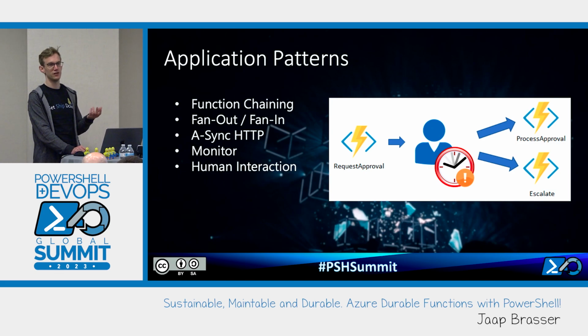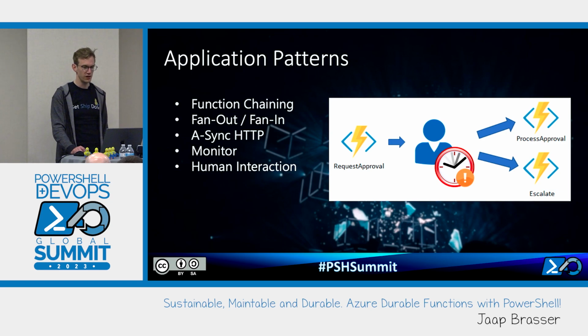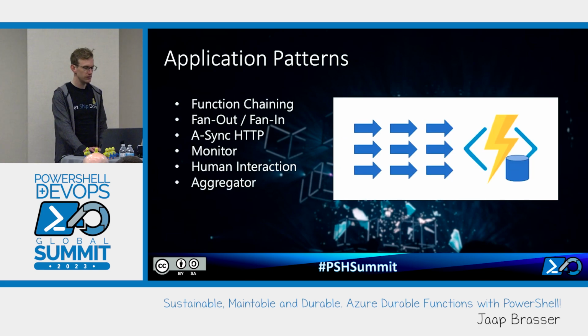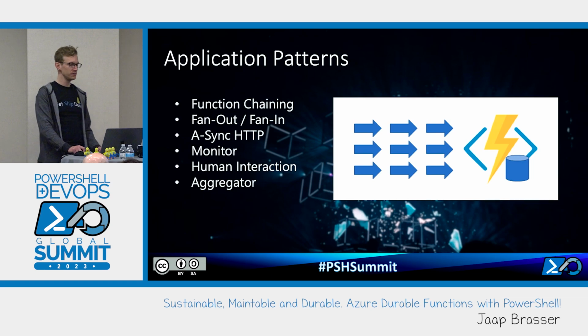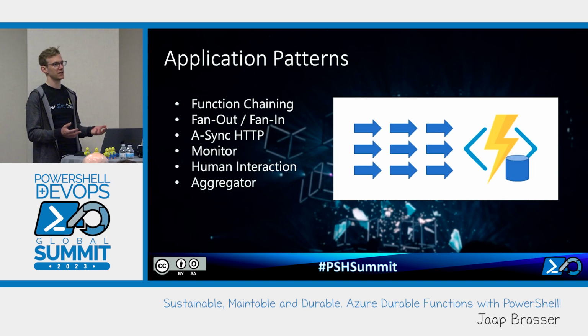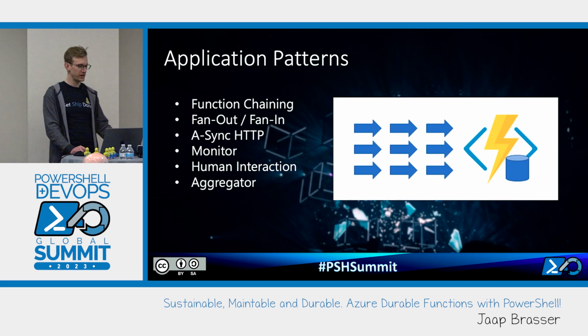So I haven't really found a specific use case to apply with Azure functions. And then the last one, the biggest one, that is the aggregator, and that is when you're ingesting big amounts of data into your Azure functions.